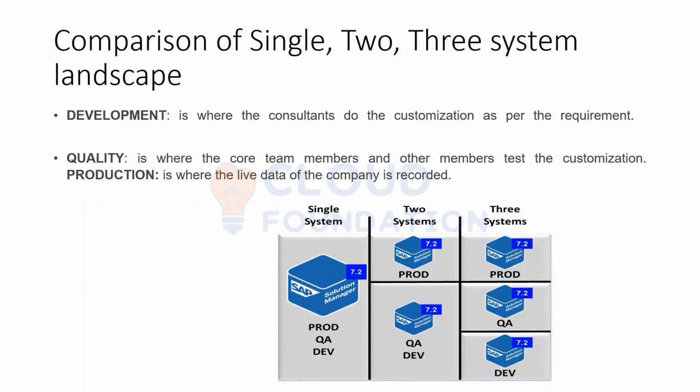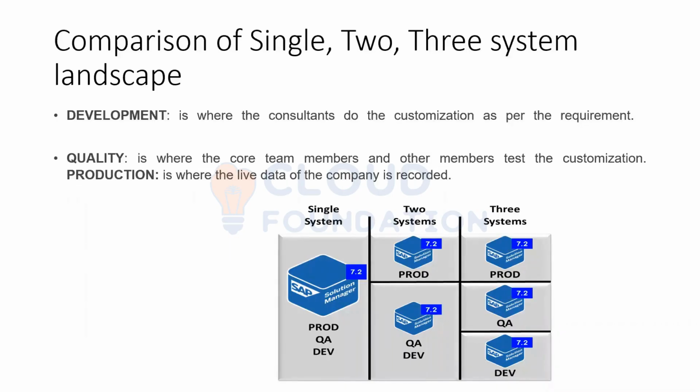For example, a theory application is there in dev, in QA and in production. All these applications are the same, right, or will different versions be there? It is the same, right?